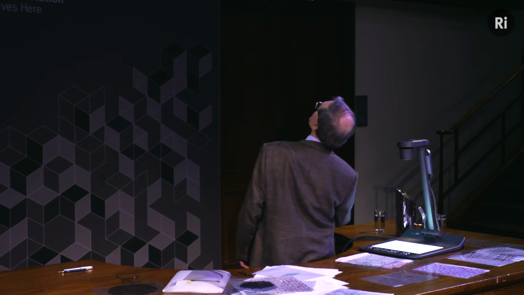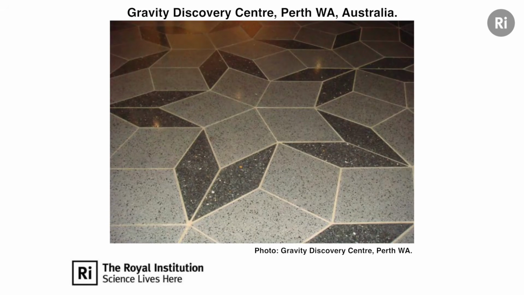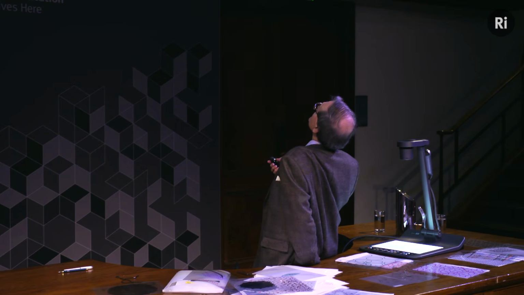It's a bit hard to see them in this picture, but you get some feeling for the extent of them. And that's a shot taken from above. Yes, this is the Science Centre in a place near Perth in Western Australia. Very impressive. I think they're very nicely done.